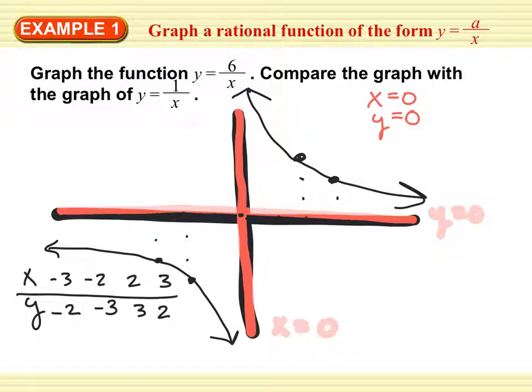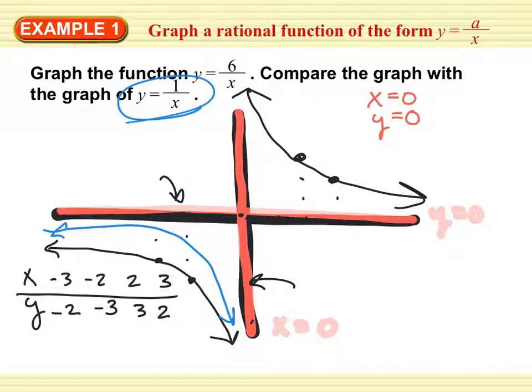Cool. These are called the branches of the hyperbola. They pass through the plotted points as they approach the asymptotes. I cannot cross an asymptote, so I'm never going to cross this red line or that red line. That's what asymptotes do. If I were to graph the parent function right here, my parent function is just a little bit closer to the asymptotes. Pretty cool.